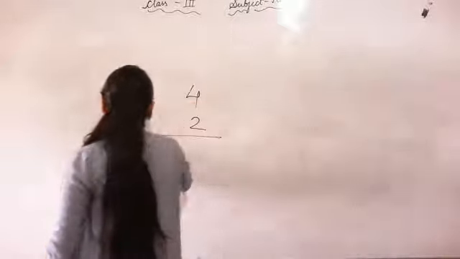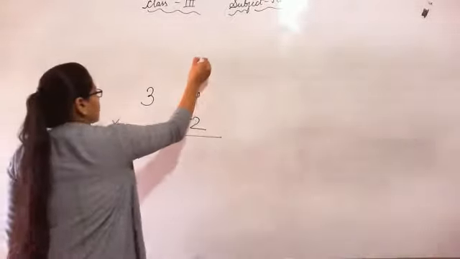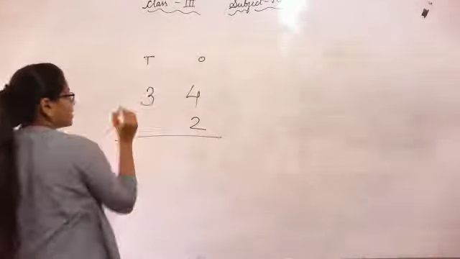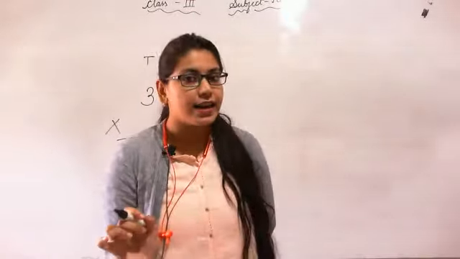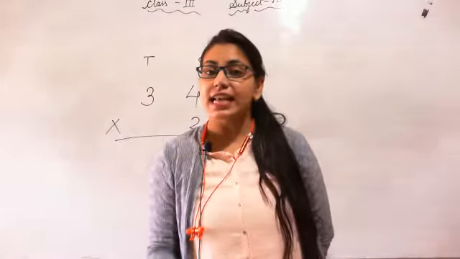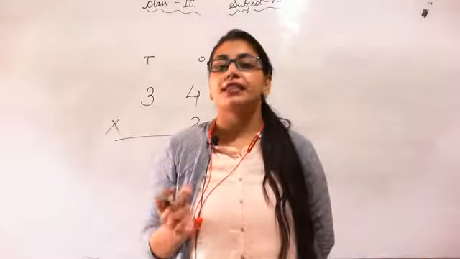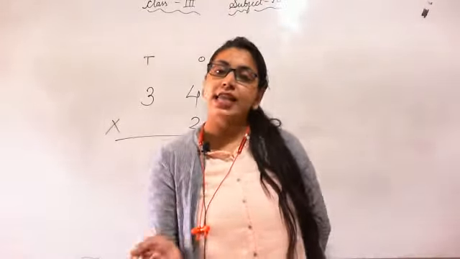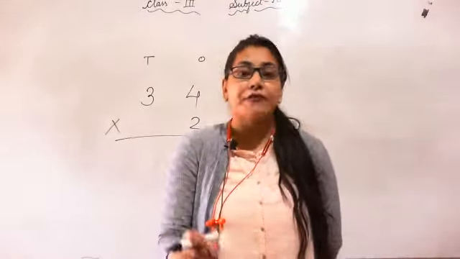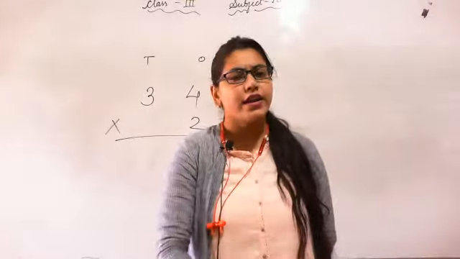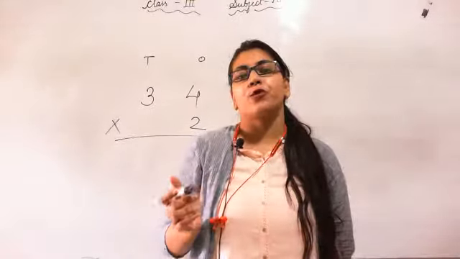So this is ones place and this is tens place. Okay. So first of all, like every operation, we start from ones place. So here also we'll start from ones place, then we'll move to tens place, and after tens, if hundreds place is also there, then we'll move to hundreds place.